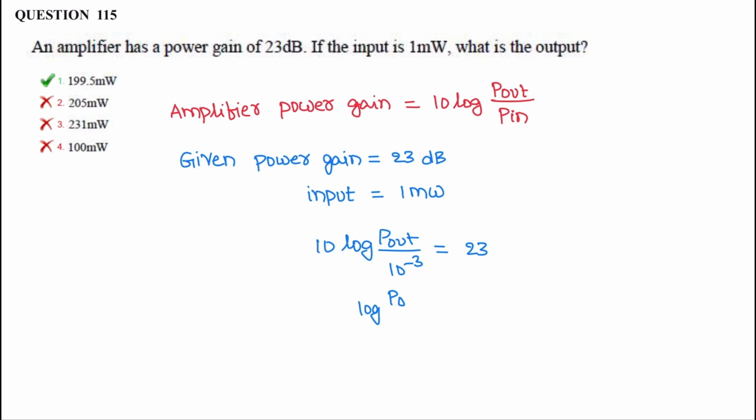Log of P out divided by 10 power minus 3 is 2.3. So from this, P out is equal to 10 power minus 3 into 10 power 2.3, that is 199.5 milliwatt. Correct answer is option 1.